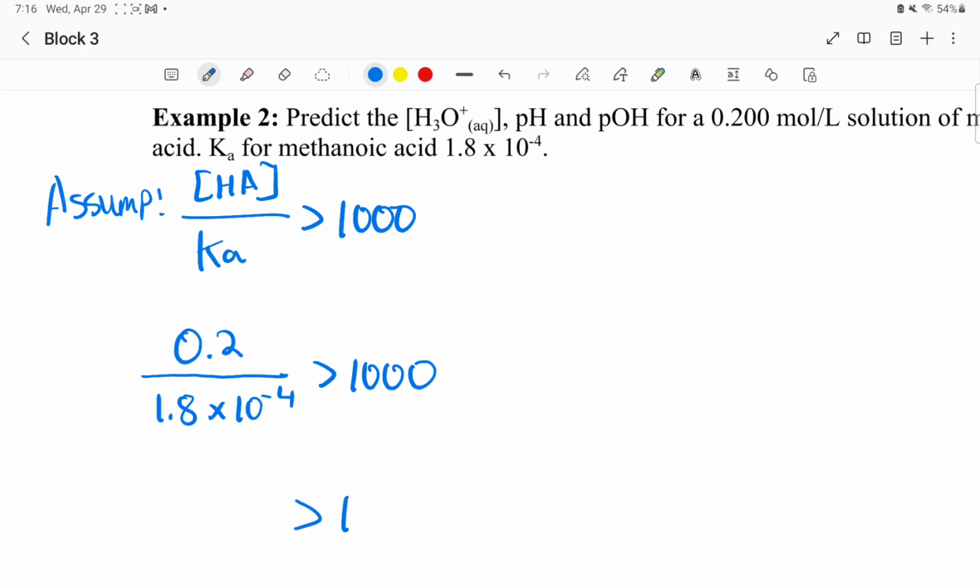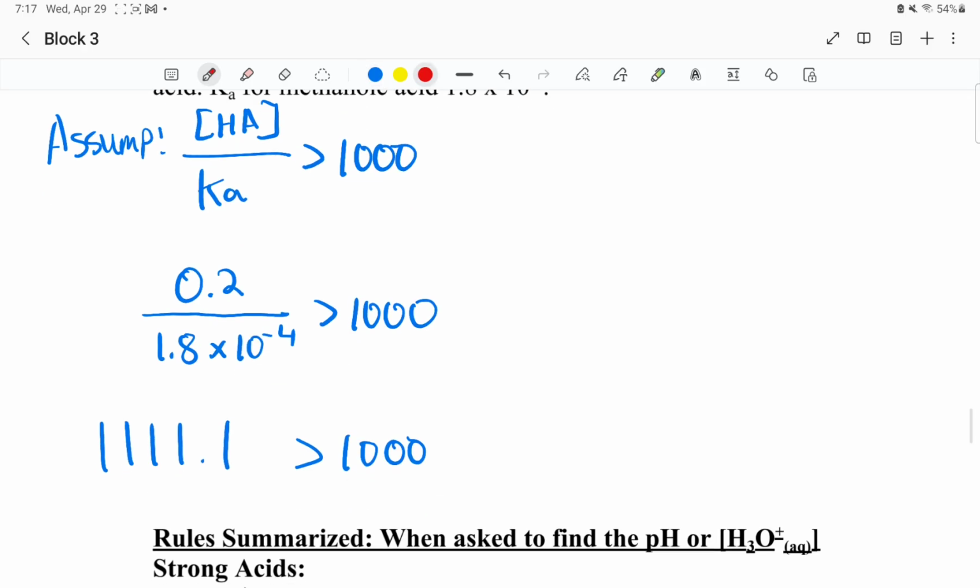So let's see if that passes the test. 0.2 divided by 1.8 times 10 to the power of negative 4. We get about 1111.1. So that is indeed bigger than 1,000, and our assumption check is complete.